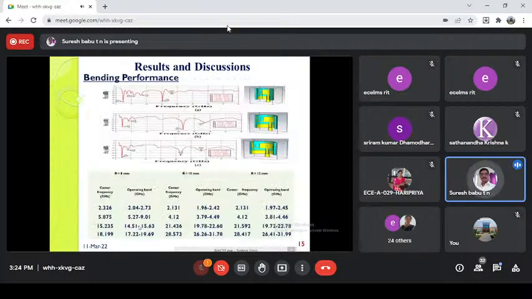So these are the bending performance simulations. Here I bent my proposed antenna for different radii: 8 mm, 10 mm and 12 mm. In this bending condition, the antenna resonates in both the sub gigahertz and the beyond 6 gigahertz bands.